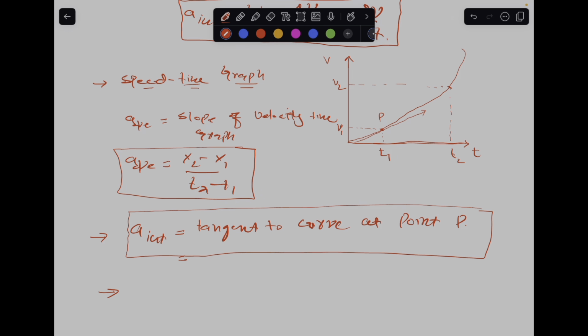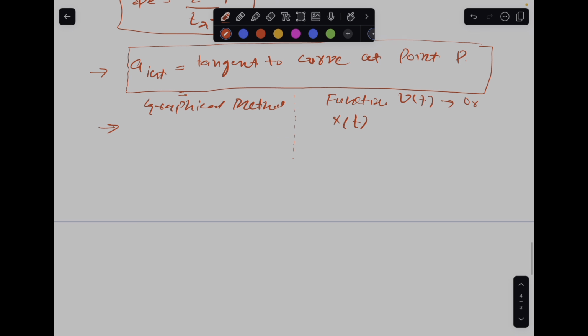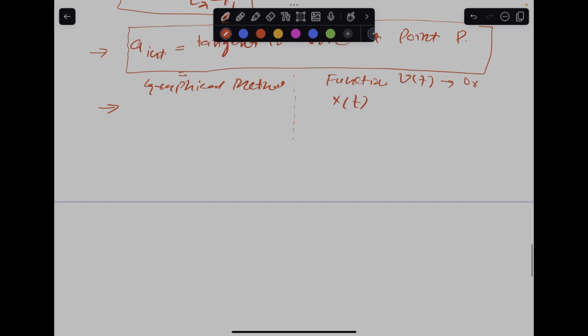Similarly, like what we did in the velocity section, we can find the acceleration by two methods as well: one is the graphical method and one is the function method. If v is given as a function of t, or x is given as a function of t, you know that your average acceleration is v2 minus v1 over t2 minus t1.